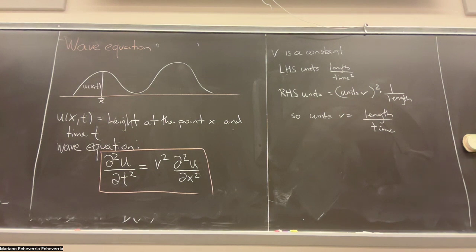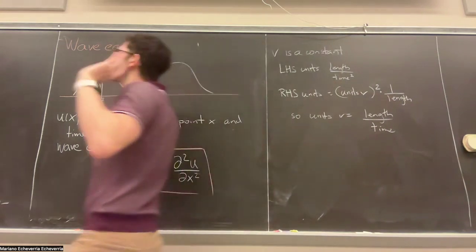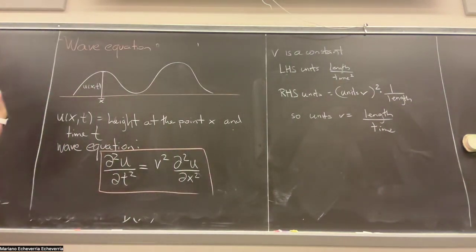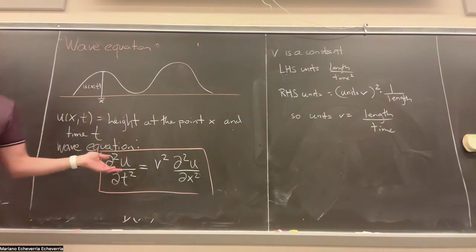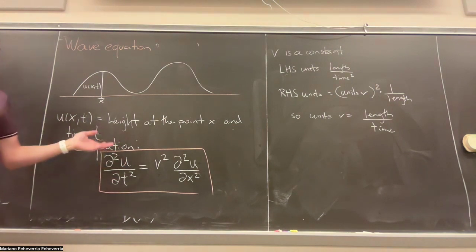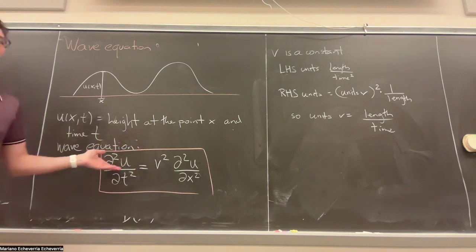There are a bunch of generalizations, but this is enough to see some of the things that happen here. When you try to find solutions to this equation, it makes sense to assume that the function you're looking for can be differentiated. Otherwise this wouldn't even make sense.